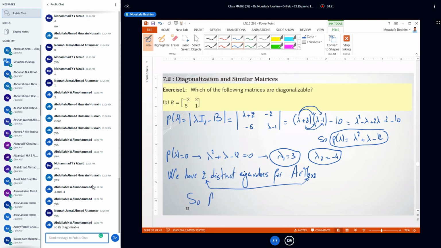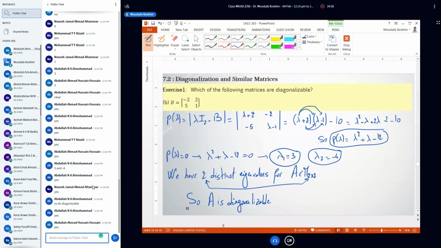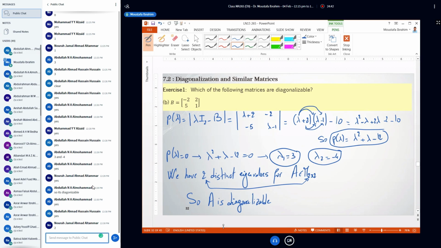So B is diagonalizable. Too simple. Is it understood, guys? You see, it's very easy. If we have distinct eigenvalues, how many do we need? Since it's a square matrix, number of rows equals number of columns, for example n, we need n distinct eigenvalues. Here, 2 by 2, we need 2 distinct eigenvalues. We have them, so it's diagonalizable.